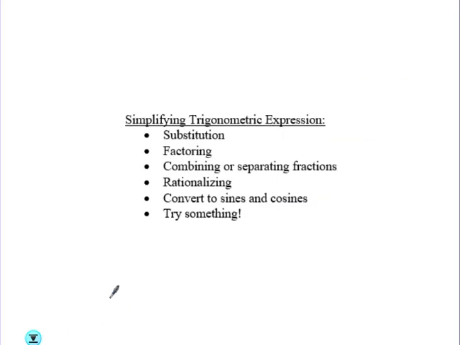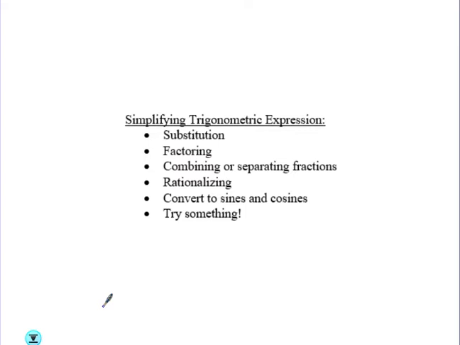Now, as we are simplifying trigonometric expressions and we get farther into verifying trig identities, here are some strategies to help you figure out these problems, because the problems can have a puzzle-like feel. Substitution is frequently helpful.